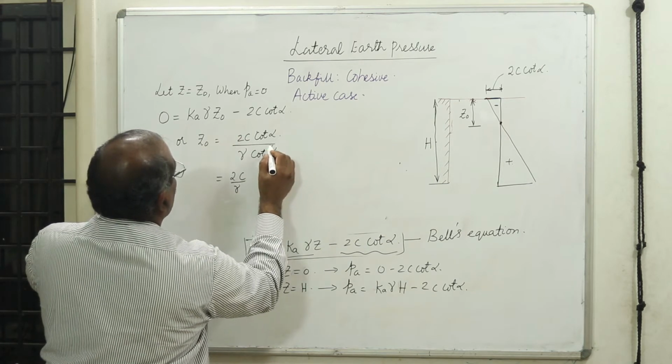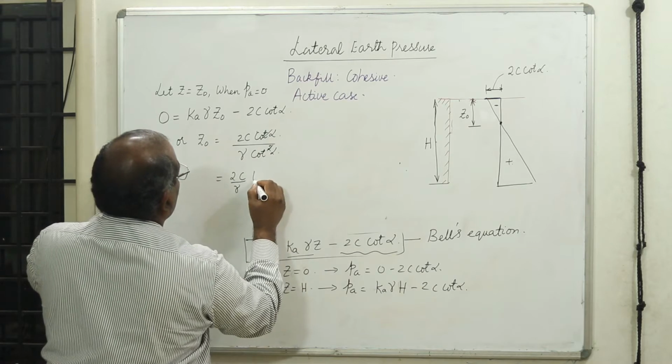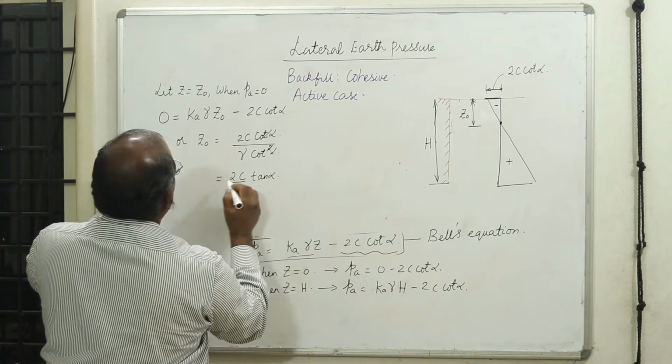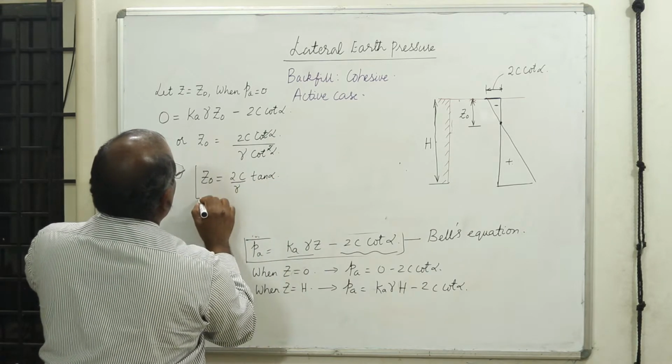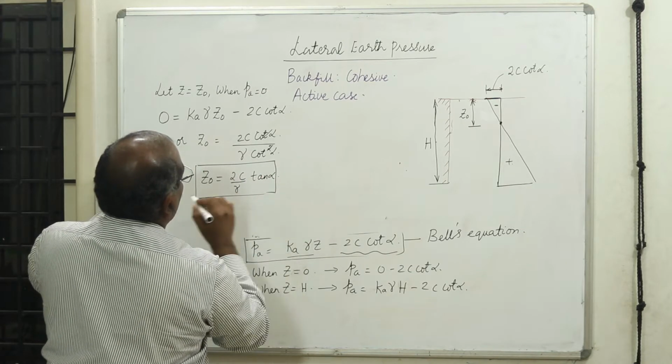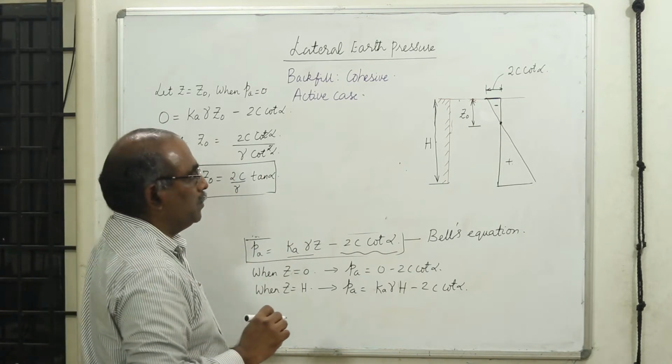Cot goes to the numerator and becomes tan alpha, giving the expression for the depth where the pressure becomes 0.